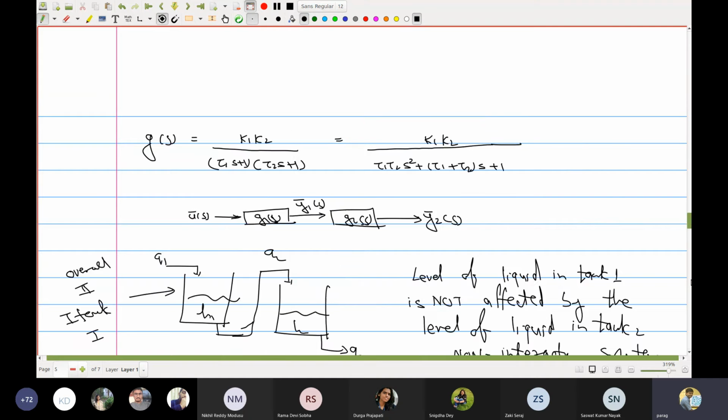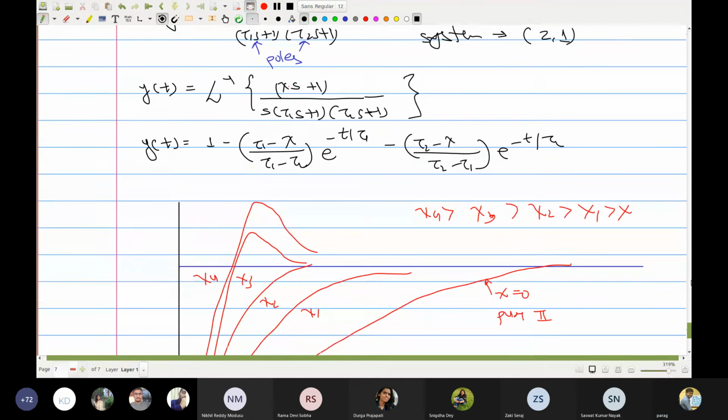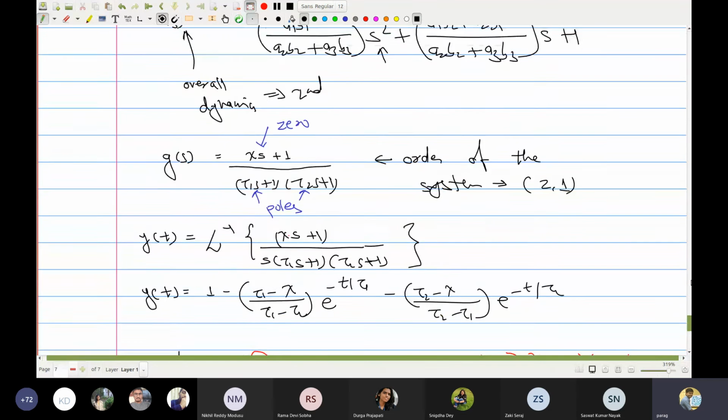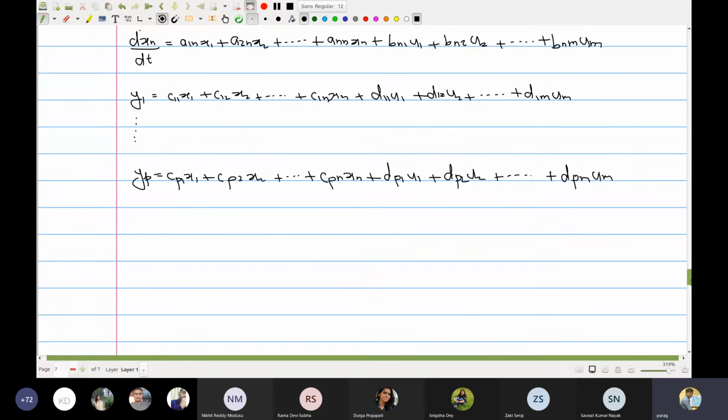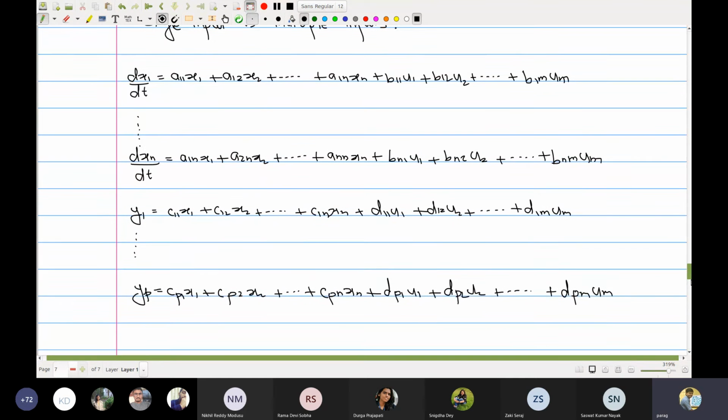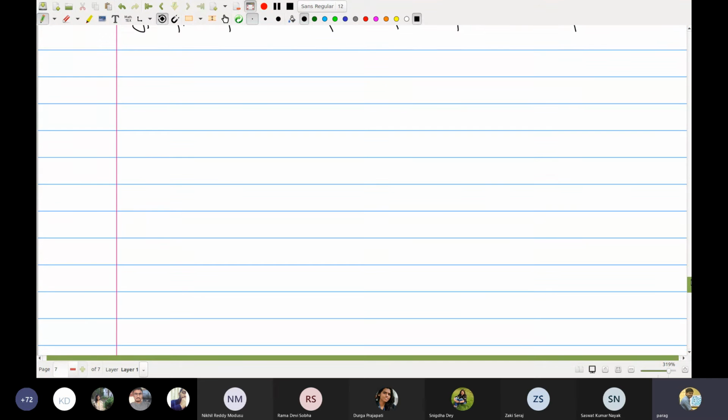Now in this case you have n dynamical variables, m input variables, and p output variables.